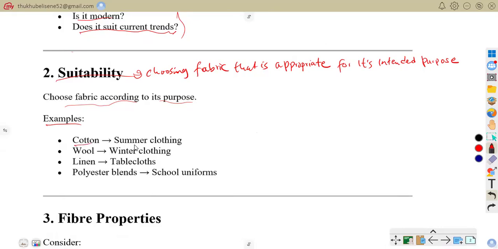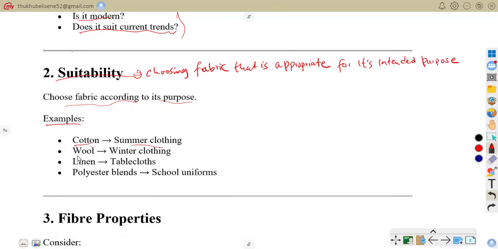We have cotton, summer clothing. Cotton is lightweight, breathable, and absorbs sweat, making it suitable for hot weather. An example is that a cotton t-shirt keeps a person cool on a hot summer day.